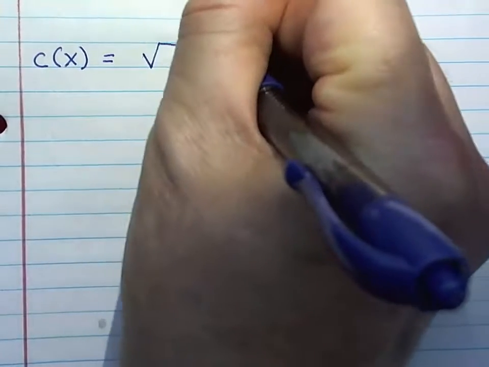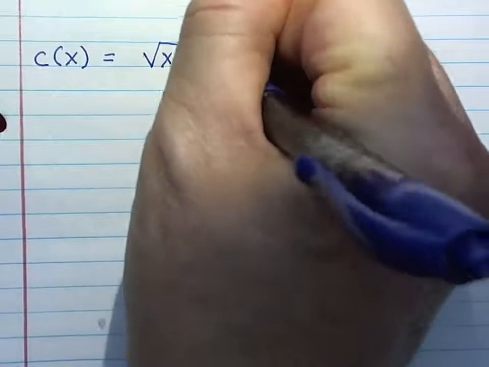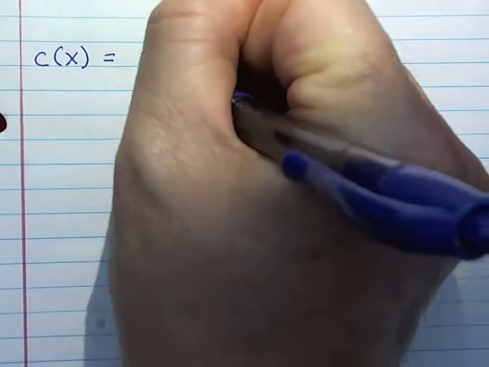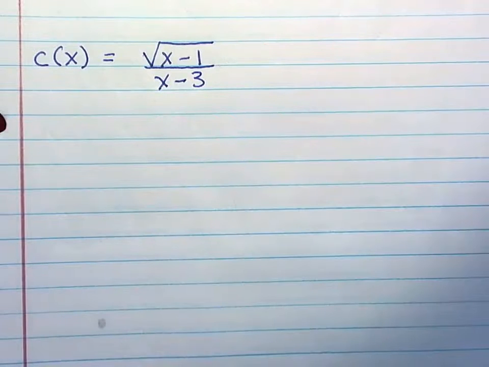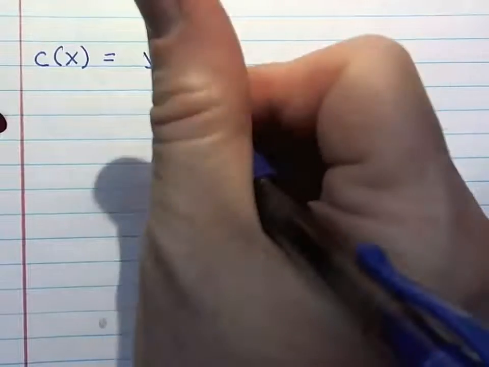Let's suppose we have the square root of x minus 1, and down here x minus 3. And we want to find the domain of that one. So now we have an even index radical, and a variable in the denominator. Okay, so here's what we've got. We've got two situations.